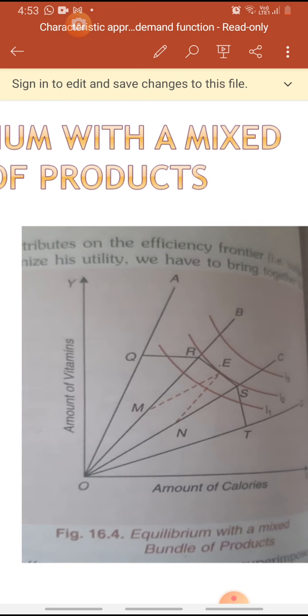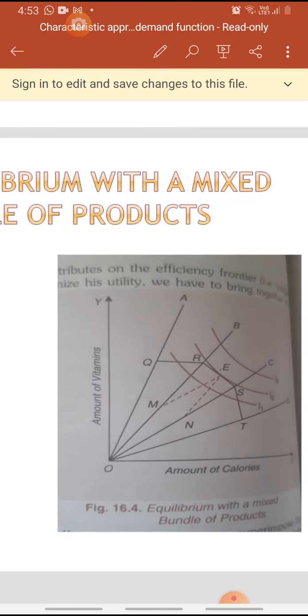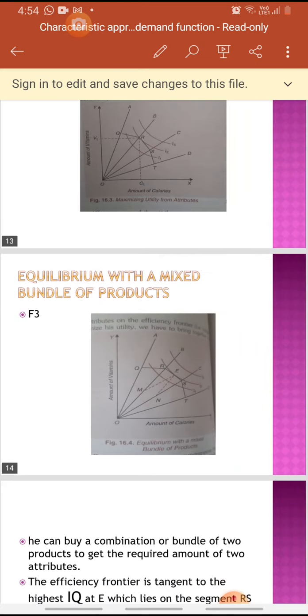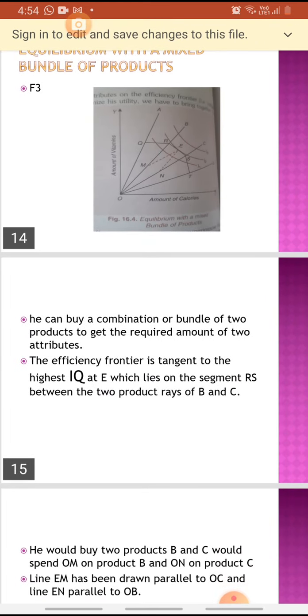Then OM and ON. Here ME is parallel to the OB axis, and the NE is also given, it is parallel to OC axis. Okay, he can buy a combination or bundle of two products to get the required amount of two attributes.